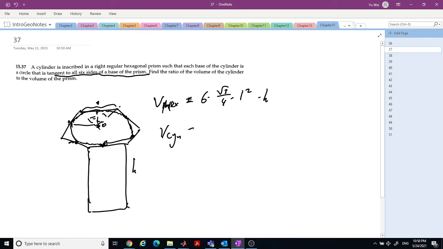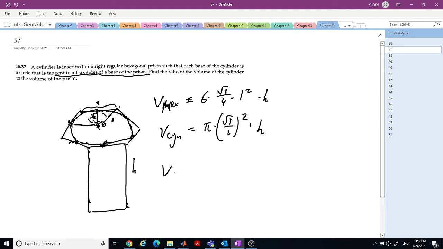Then the volume of the cylinder will be pi times the radius, this is 1, right? So this is root 3 over 2. So it's root 3 over 2 squared, that's the radius squared, times the height h.